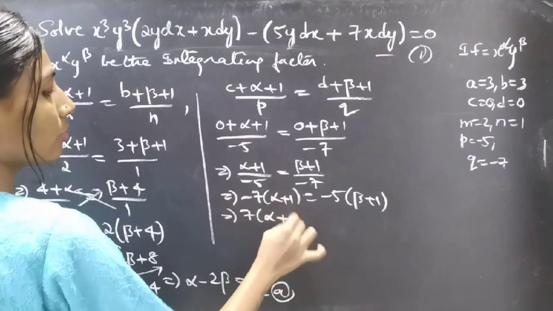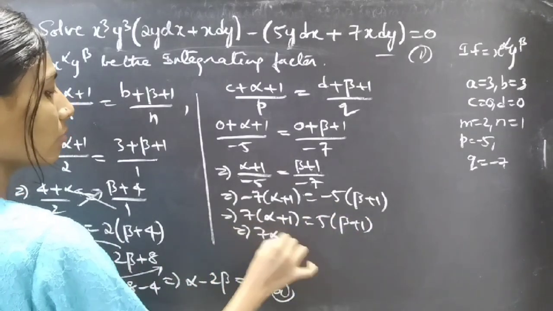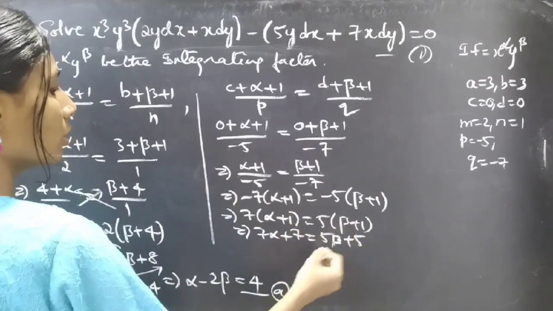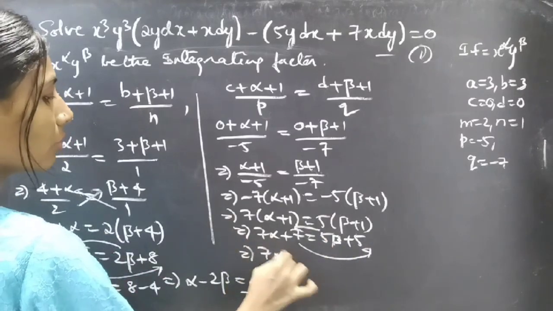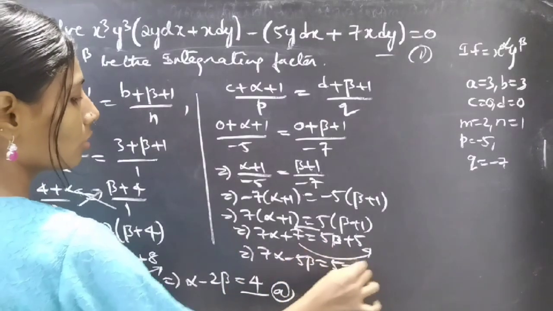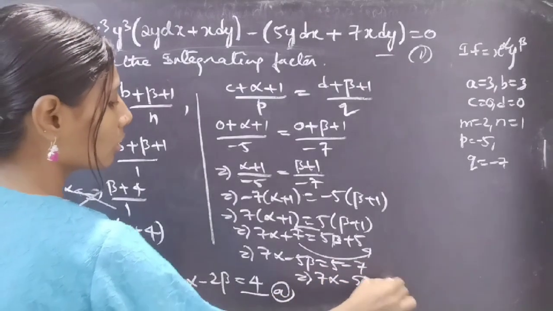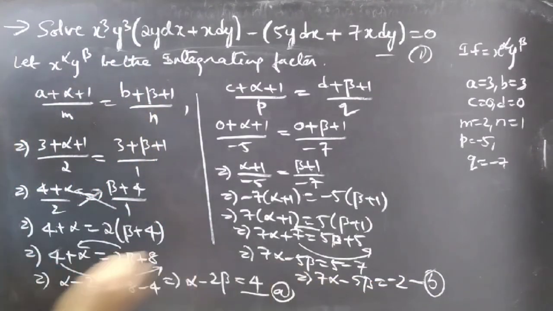Or 7 into alpha plus 1 equal to 5 into beta plus 1, which gives us 7 alpha plus 7 equal to 5 beta plus 5. Now bring this 5 beta to LHS, take this 7 to RHS, you'll get 7 alpha minus 5 beta equal to 5 minus 7, which gives us 7 alpha minus 5 beta equal to minus 2. Consider as equation B. Now by solving A and B, we can find the values of alpha and beta. So let's now solve A and B to find alpha and beta.